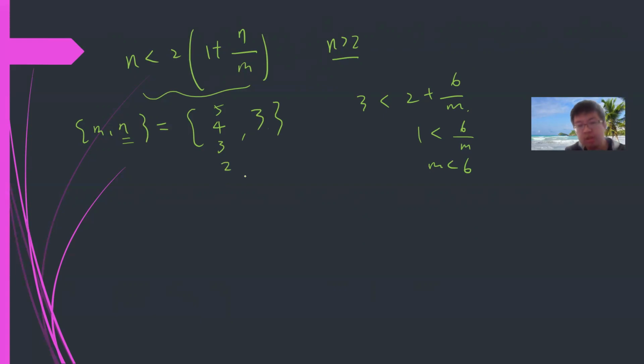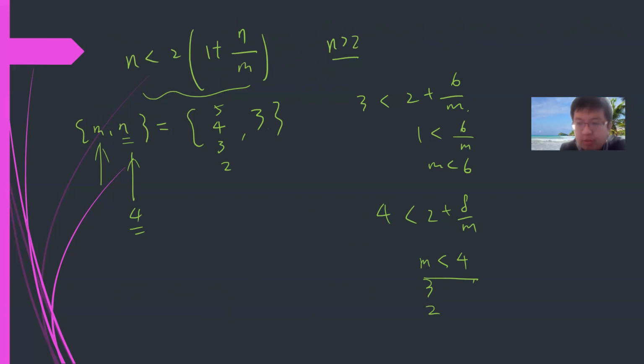But basically, if you take n to be 4, then 4 is less than 2 plus 8 divided by m, so m is less than 4. You can see there are almost no solutions; m can only be 3 or 2. If you work with n equals 5, then I think there's no solution.